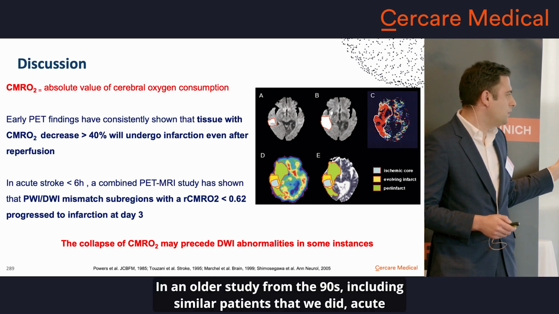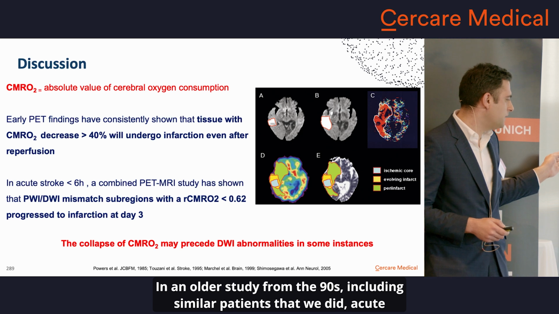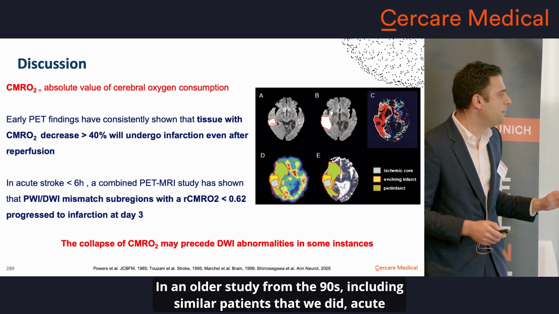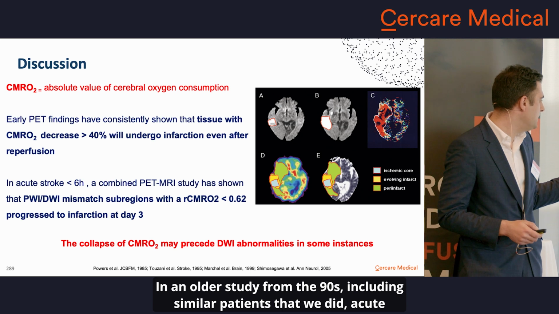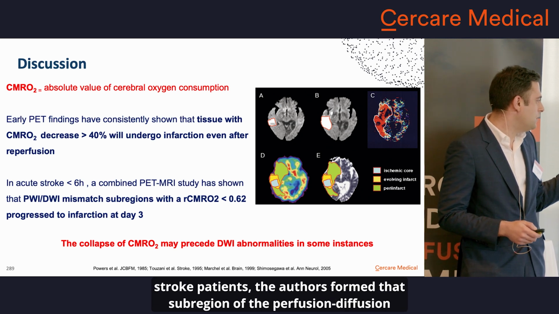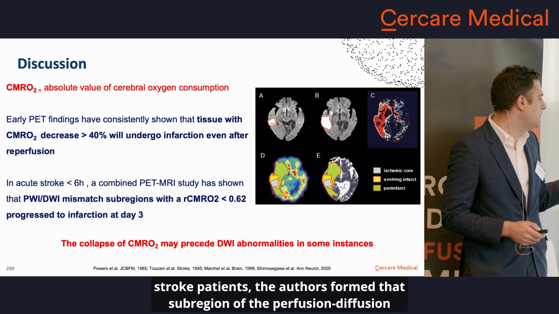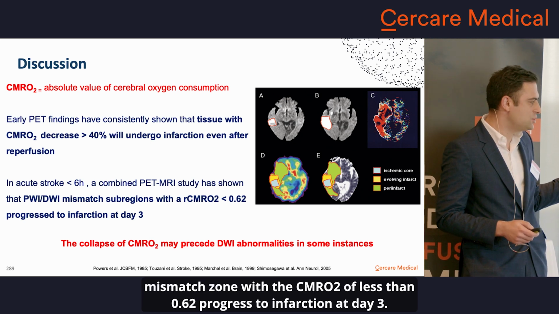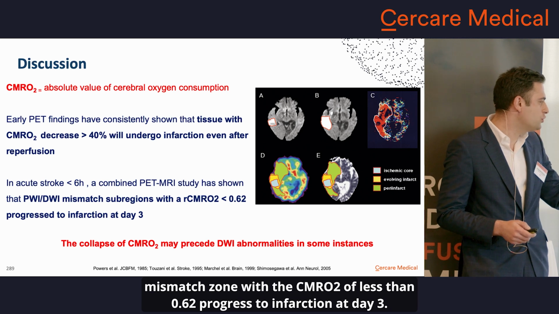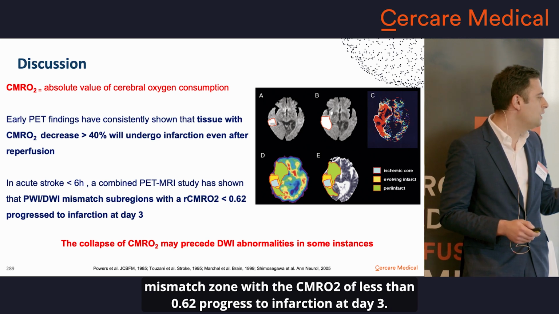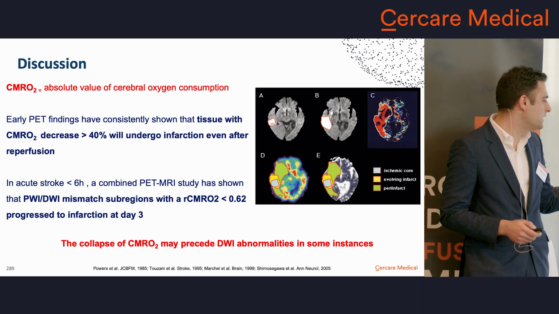In an older study from the 90s, including similar patients to ours, acute stroke patients, the authors found that a sub-region of the perfusion-diffusion mismatch zone with a CMRO2 of less than 0.62 progressed to infarction at day 3.